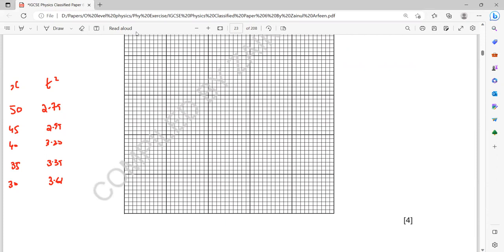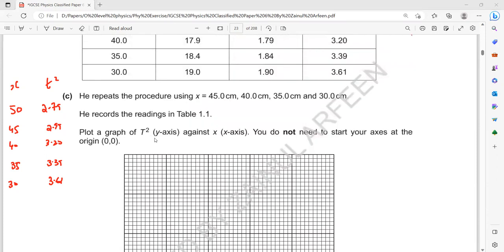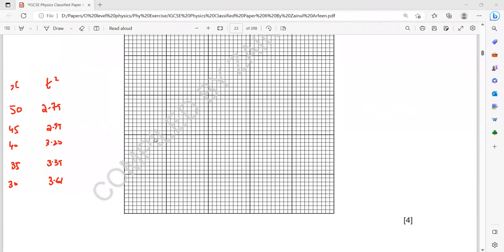So t square, this will be capital T square, not the small one, because it's the time period square. So t square, and the unit will be second square. And here we have x, and the unit is centimeter.